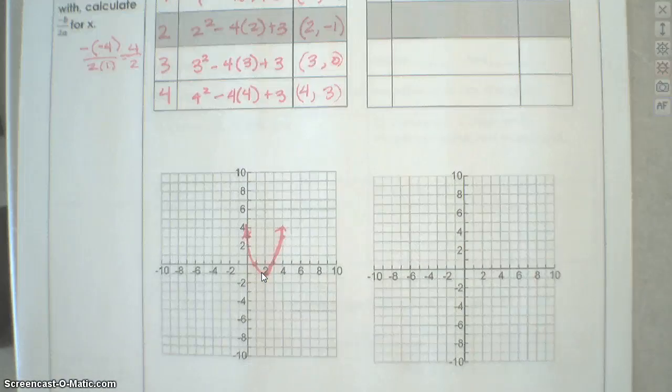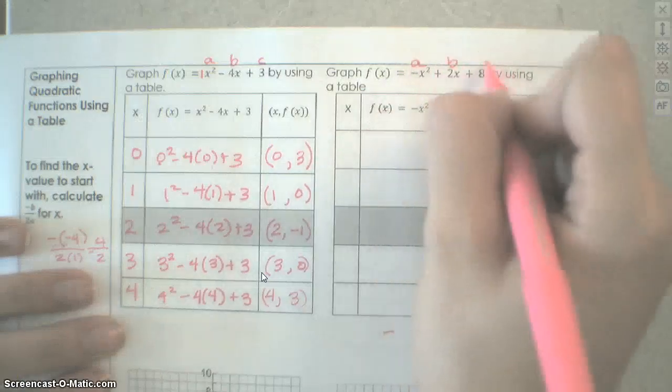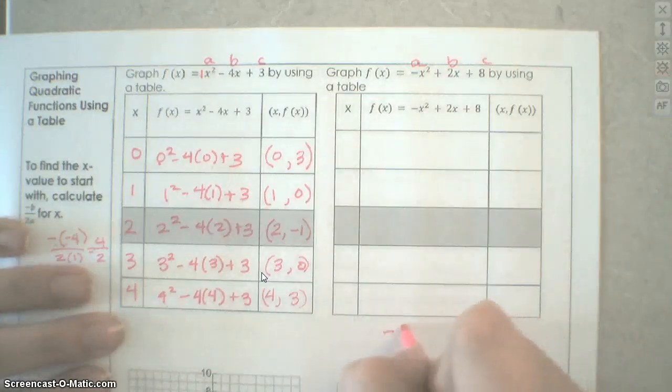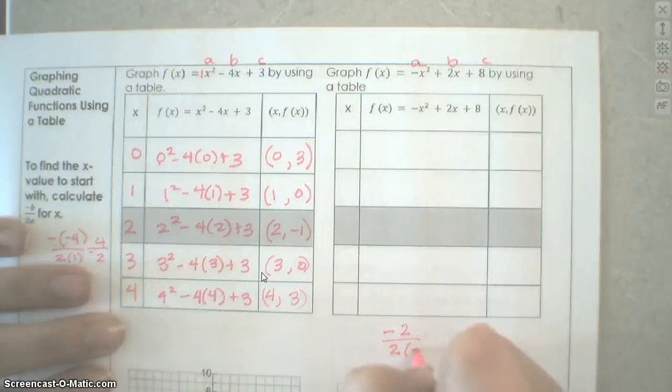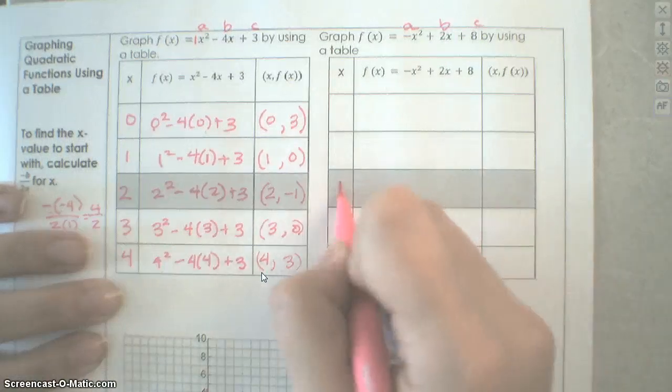Pause the video, and you're going to start with that negative b over 2a. So I'll get you started with that part. A is negative 1, b is 2, c is 8. So negative b over 2 times a. So that would be negative 2 over negative 2. So you're going to start with 1 right here.